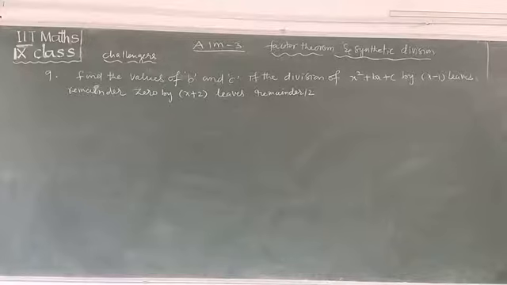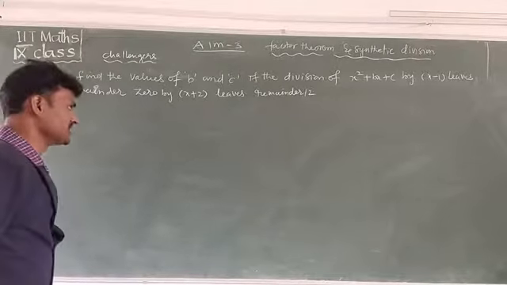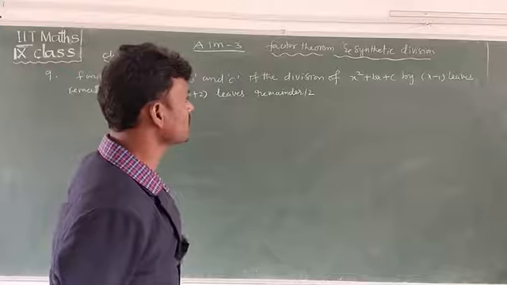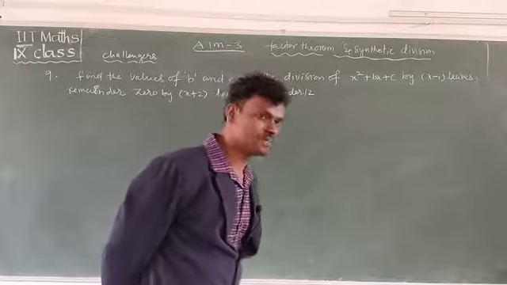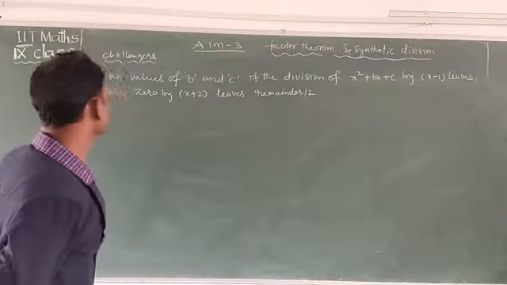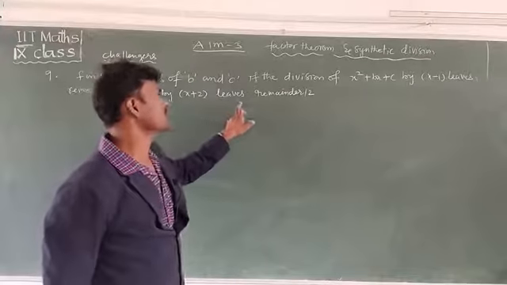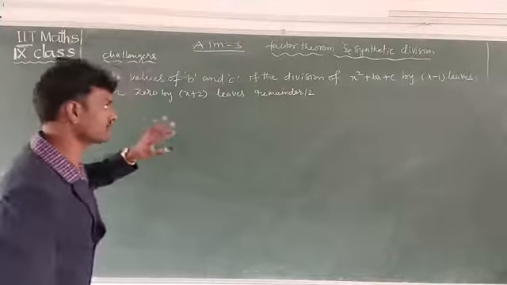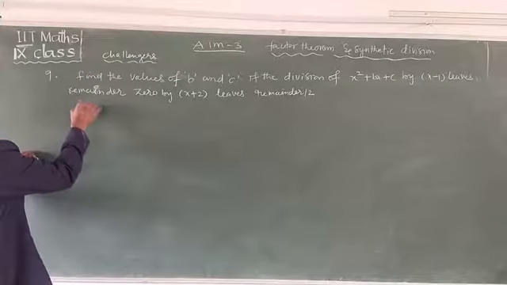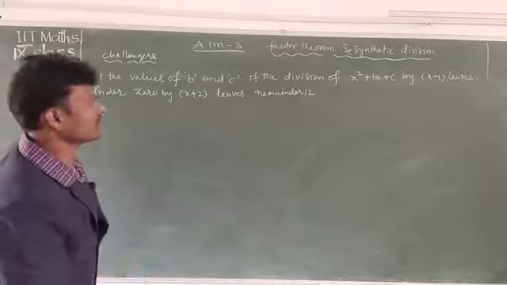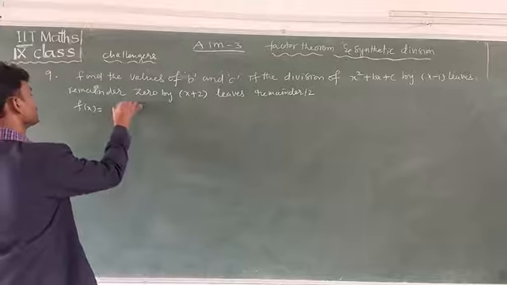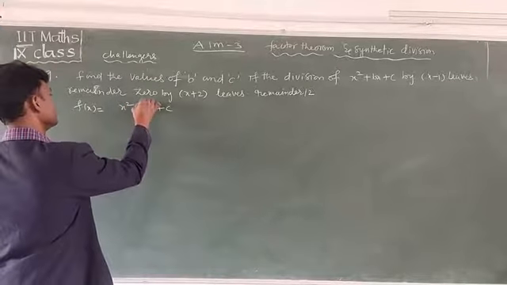Okay, next 9th problem. Find the value of b and c if the division of x square plus bx plus c by x minus 1 leaves remainder 0, and by x plus 2 leaves remainder 12. See here clearly as given. First one is f of x as given. f of x is equal to x square plus bx plus c.